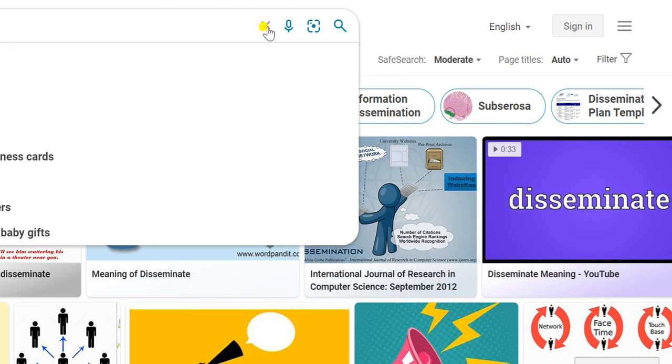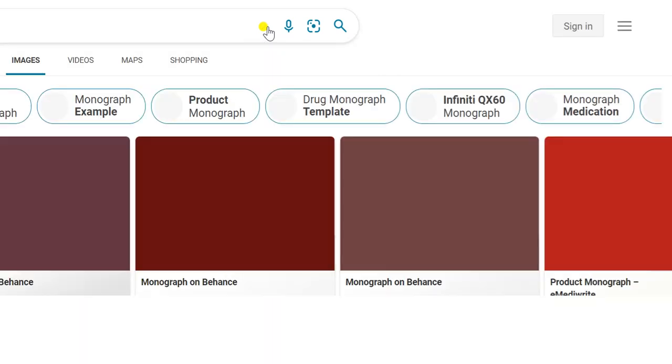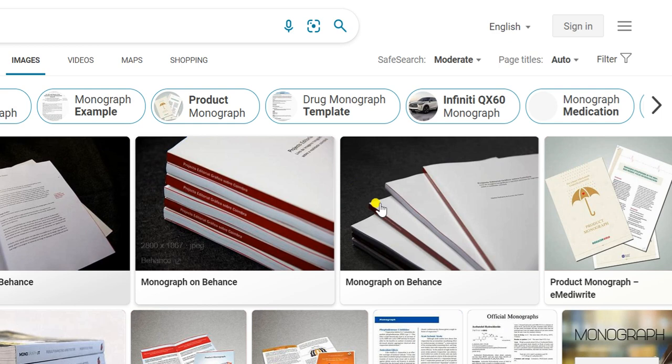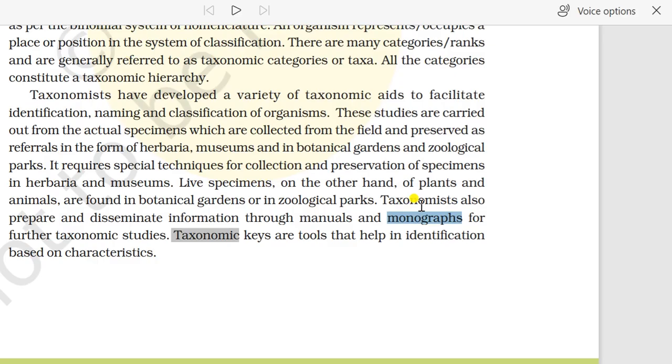Monographs are also books. So through monographs and manuals, they prepare and spread knowledge of taxonomic studies for further studies.